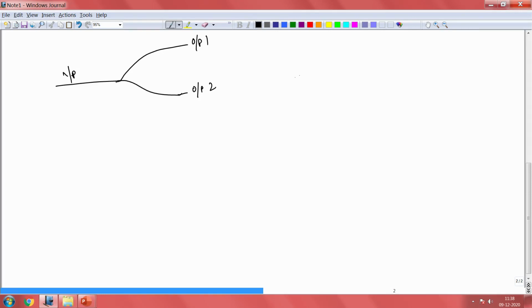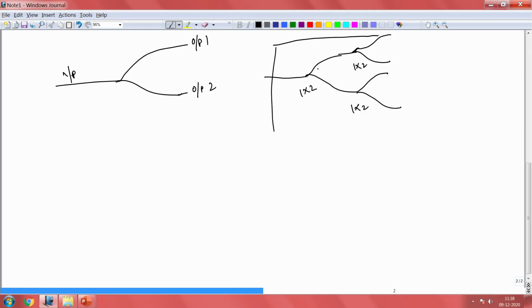If you want to make it 4, you have to do 2 stage splitting. So, you have the first stage and then you have the second stage. So, you have 1 by 2, 1 by 2 and 1 by 2, right. When you take this whole block, now you have 1 by 4. So, you have 1 input and 4 outputs.